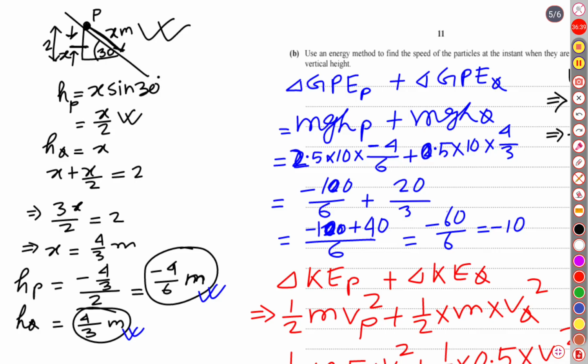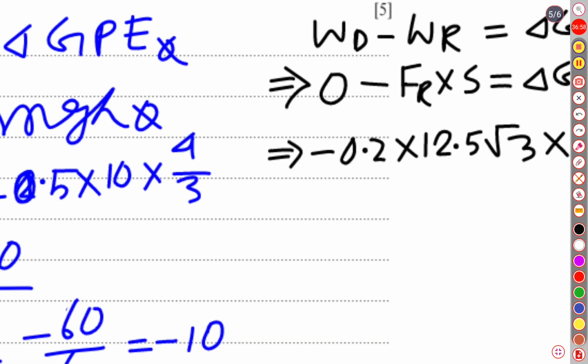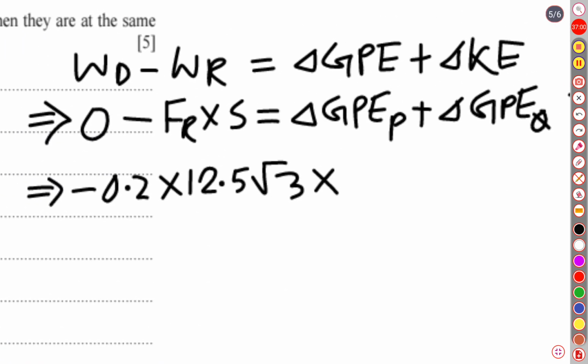Distance is the total displacement P traveled. So how much was the value of X? P traveled a distance of 4 over 3 meters. We are going to write 4 over 3 here.